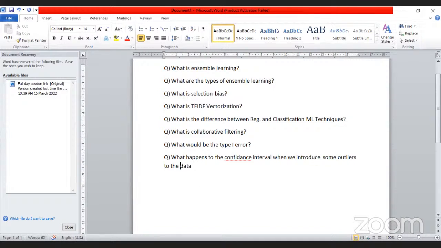Sorry. Firstly, try to say what happened with the confidence interval, and then if you know that, what is the reason?